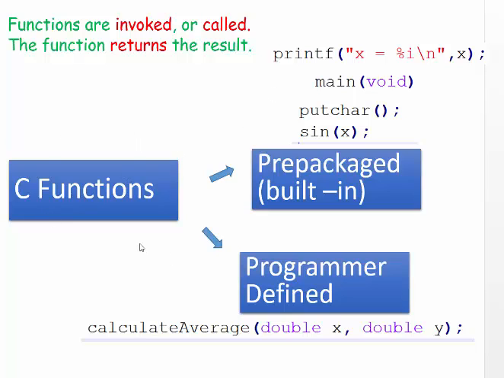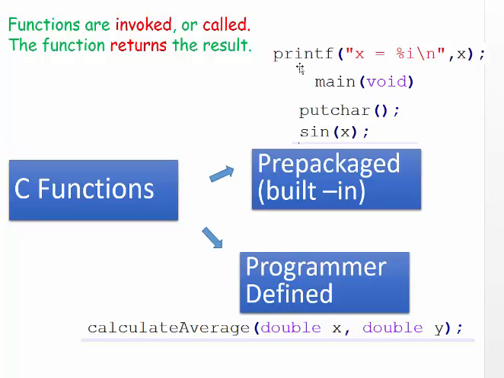There are two types of functions, basically, on a high level in the C language. There are the prepackaged built-in functions. An example is printf. The main function is a function. Put character and get character are others; we didn't do put character, but there's get character and put character. And sine x, part of your math library, is a function. They are built in, part of C in the C libraries.